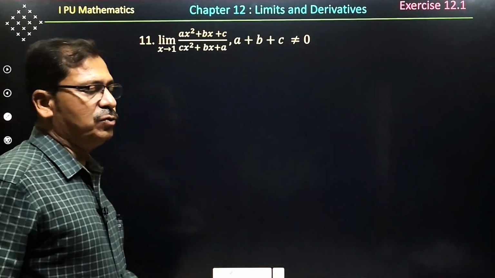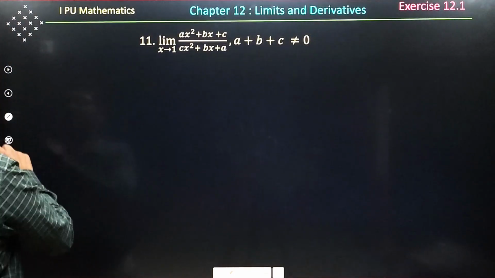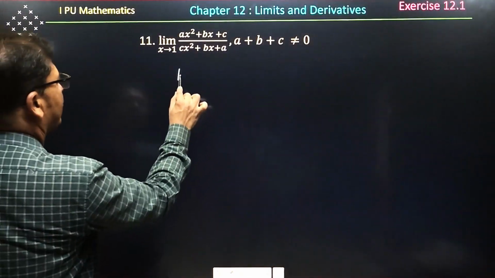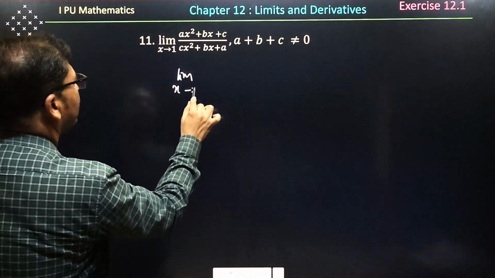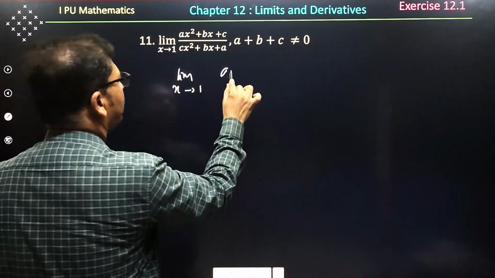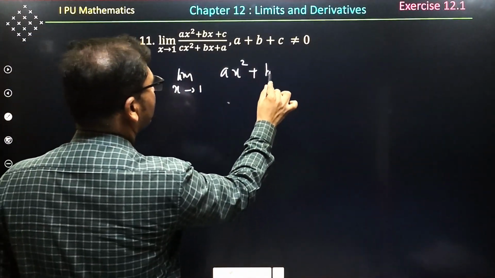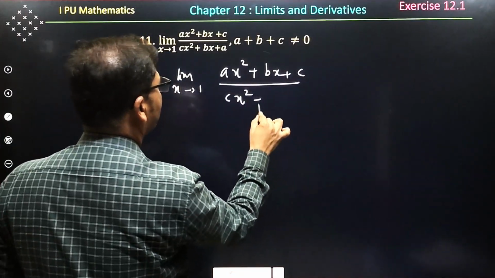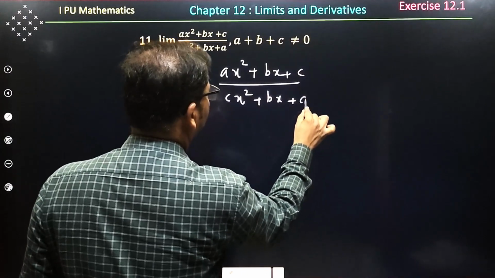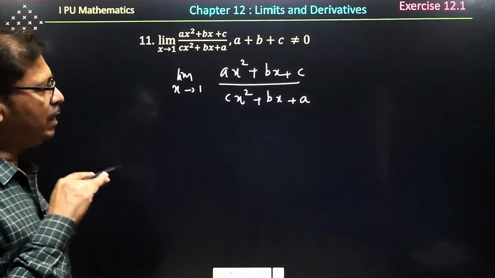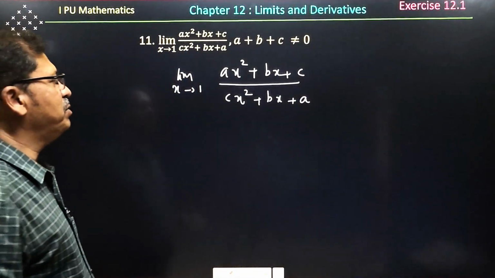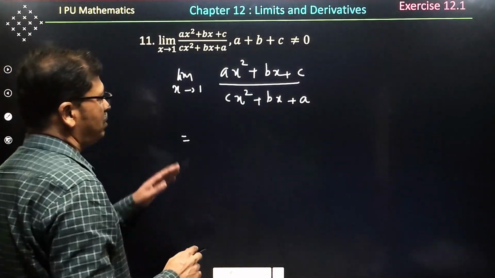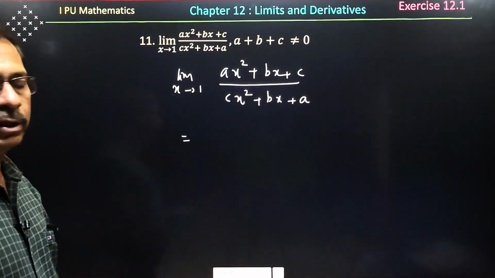The next question, the 11th question. Limit x tends to 1, ax square plus bx plus c divided by cx square plus bx plus a. Now directly you substitute x equal to 1. Then you see what happens. After substituting x equal to 1, no need to write the limit.